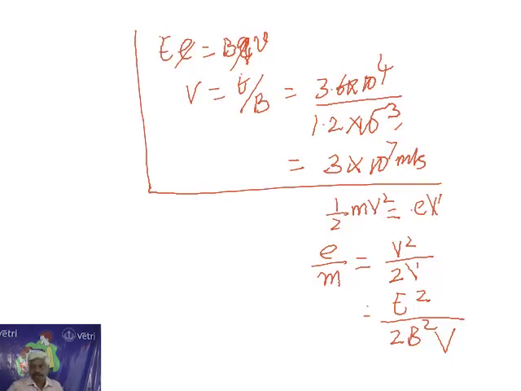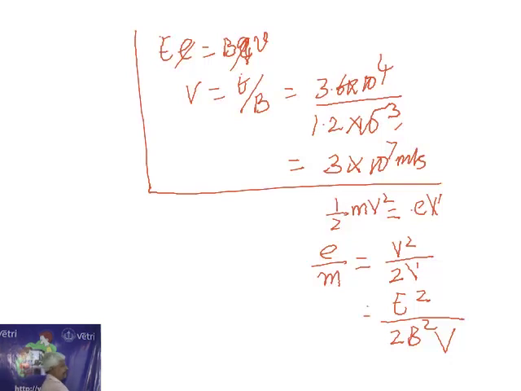We cannot simply use all the formulas immediately for e by m. What parameters are given? In this chapter we have only the electric field, magnetic field and also potential. Within these given parameters, the energy equation is there: half mv squared is equal to eV, sometimes h nu, whatever may be the thing.